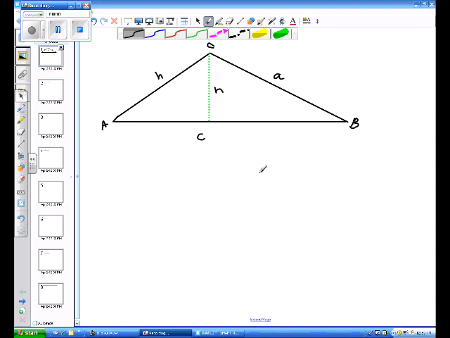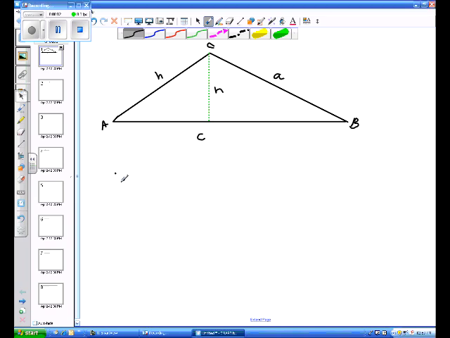In this lesson we're going to look at finding the area of triangles given different pieces of information. Now in grade school we learned that the area, we always used A for area. Sometimes we will use the letter K to represent area since A is also an angle.